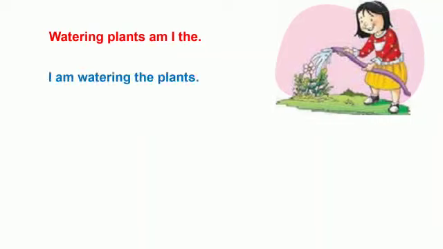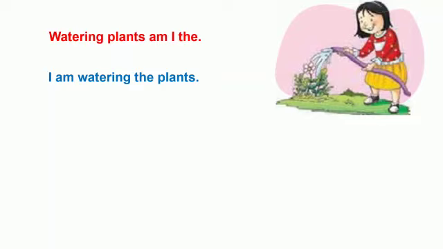Okay, now look at this picture and tell me, what do you think this girl is doing? Oh, is she watering plants? I am watering the plants. What do you think this picture shows?